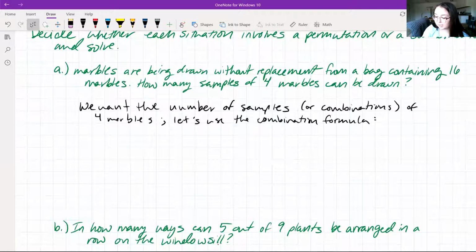Remember, since it's combinations or samples, there's no order.